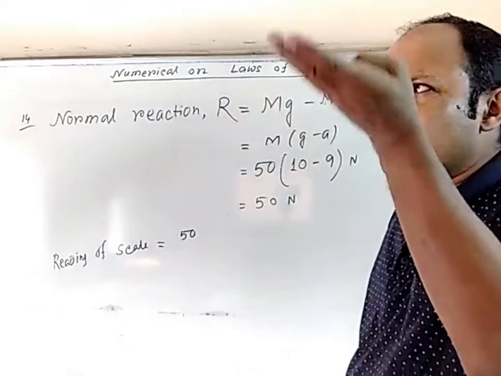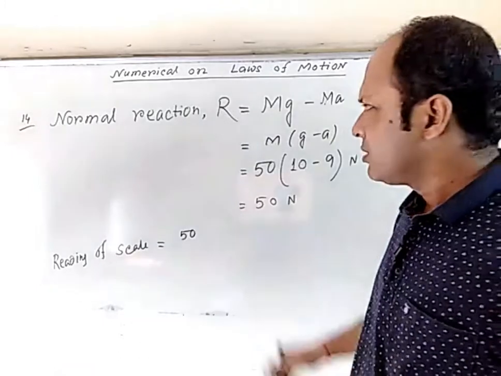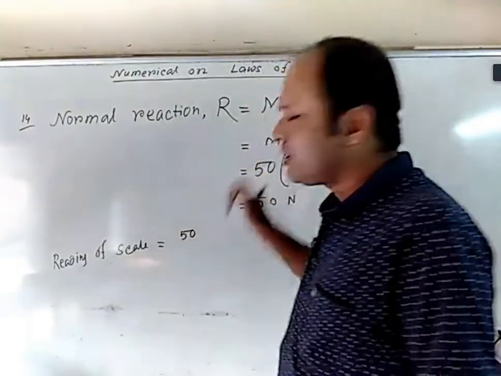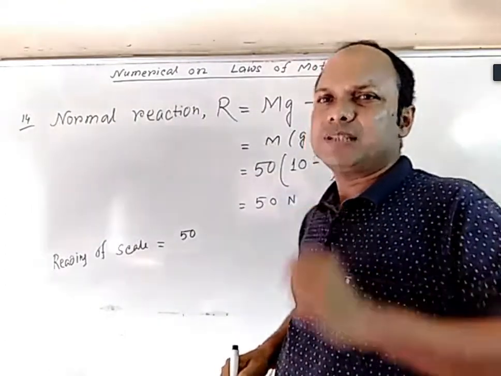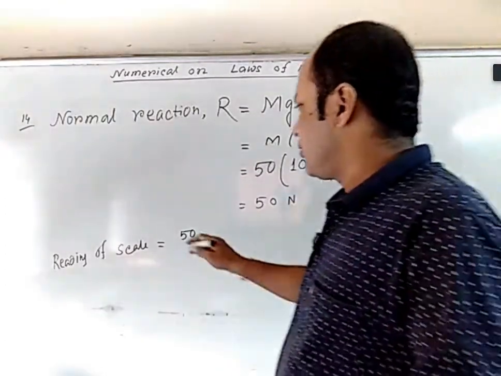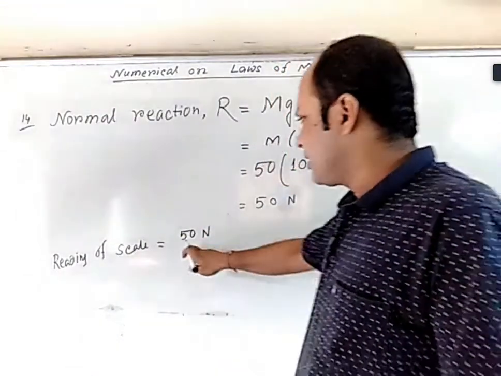I think whenever it is falling down, whatever normal reaction it has, that reading should be shown by the weighing scale. So the reading should be 50 Newton. You directly write this in that way.